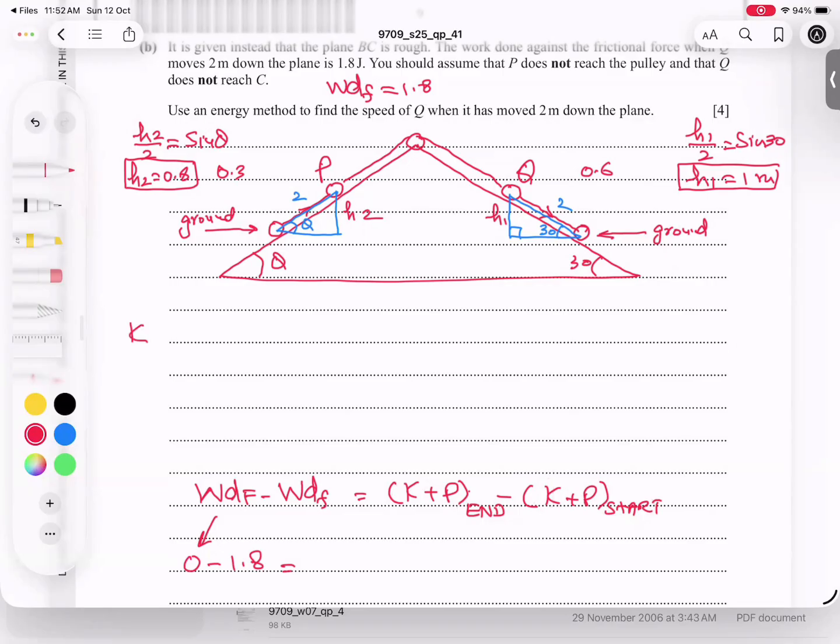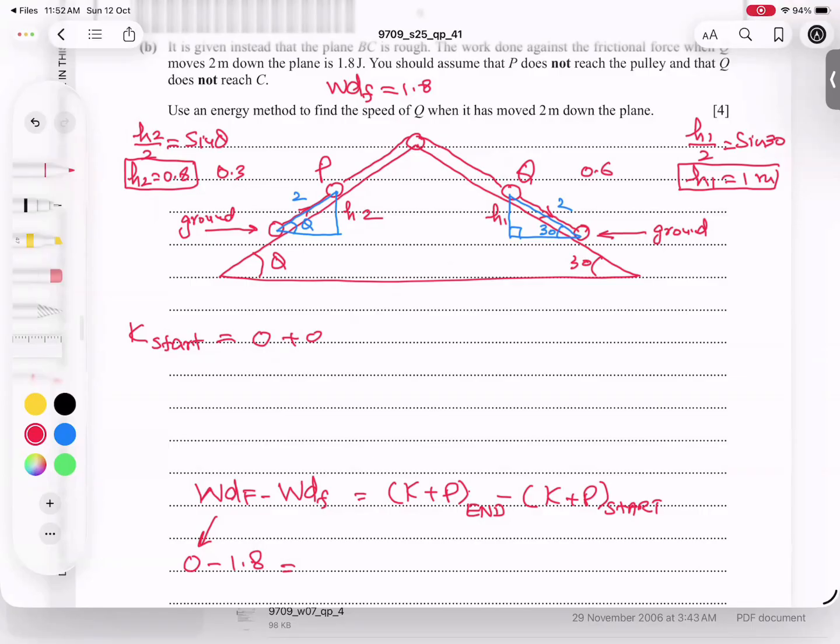So the kinetic energy of the system at the start, when the particles are moving. Starting, what is the energy of the P particle? That is zero, because the particle starts from rest. And what is the energy of the other particle at this moment? That is also starting, so this is zero. This is so obvious. So kinetic energy at the start is zero.